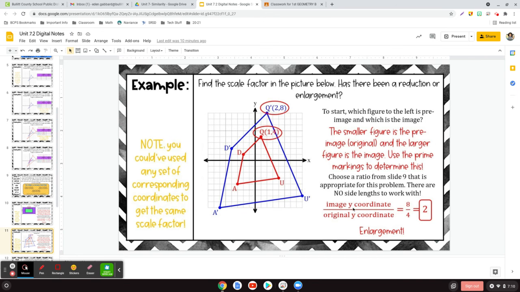On here, we're going to use the y coordinate just to try it out. So we put our image y coordinate, so our ending y coordinate, which is 8, over our original y coordinate, which is right here, it's 4. And 8 over 4, we can simplify that to 2. So 2 is a number bigger than 1. So we know that this is going to be an enlargement, and we just proved it.